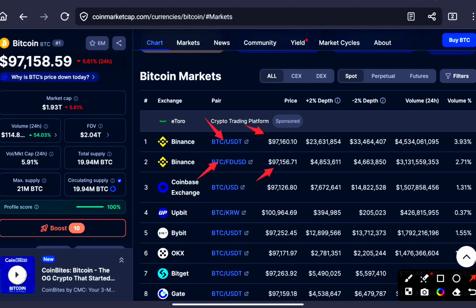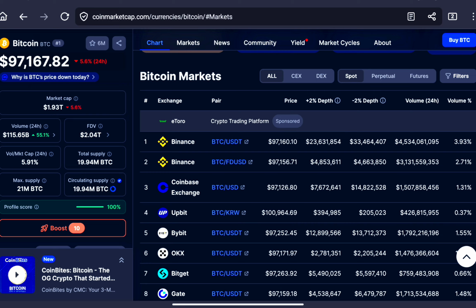So if you buy from where it's cheaper and then send it over to BTC USDT, you'll be receiving it at a higher price. So buying BTC with FDUSD at 97,156 FDUSD and selling it at 97,160 USDT is obviously a better price, though not by much, just a $3 or $4 profit.